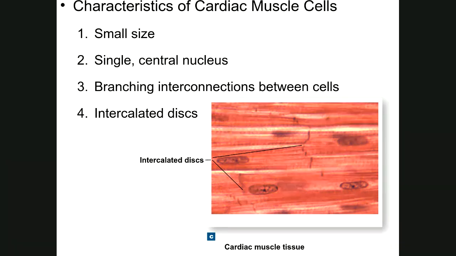For the muscle, the cardiac muscle is, as you can see, a striated muscle. It's not a smooth muscle. It's like the skeletal muscle, but there are differences. It's smaller in size than the skeletal muscle.